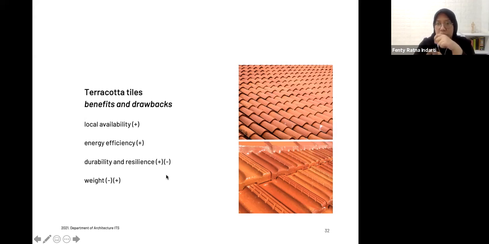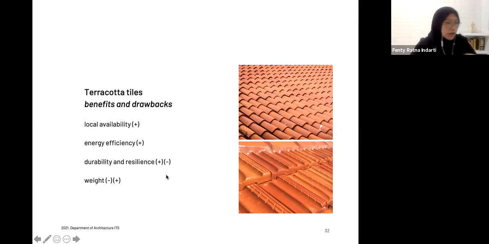But if we are talking about the production, nowadays we consider that this one is becoming the pollution of our world, because of the burning process. But nowadays in developed countries they try to produce terracotta tiles without a burning process, so that they don't create heat and also create pollution to the air.